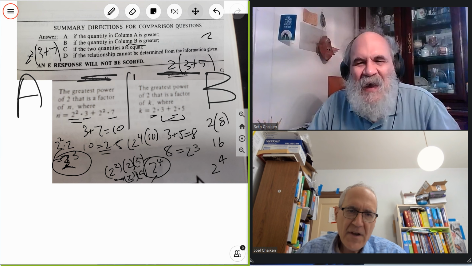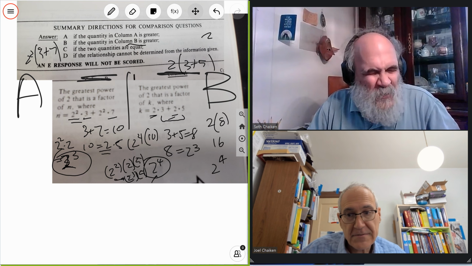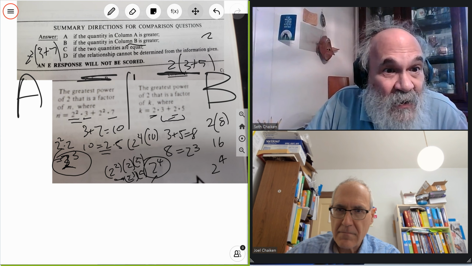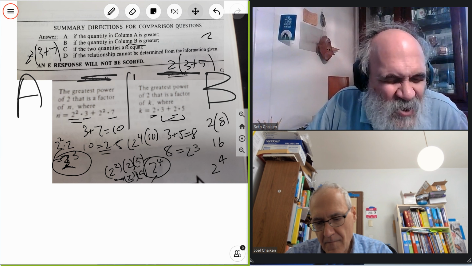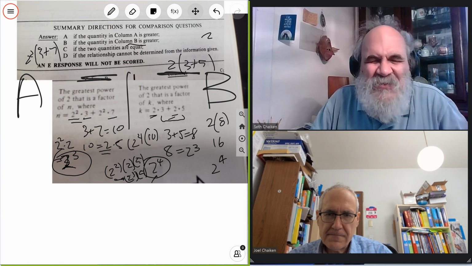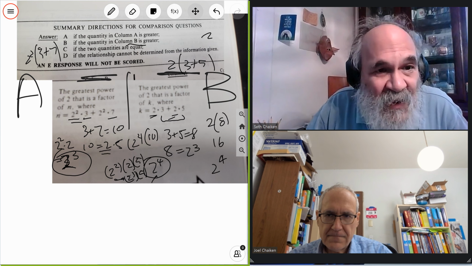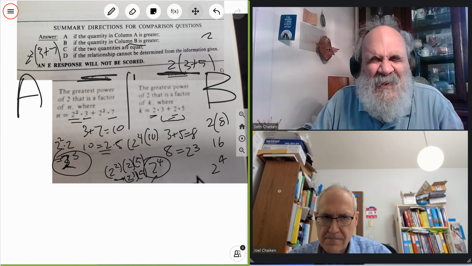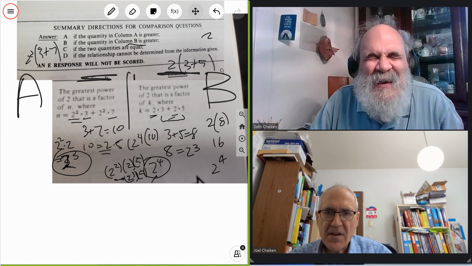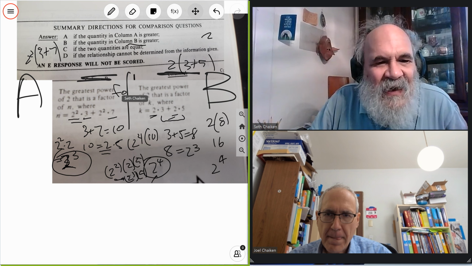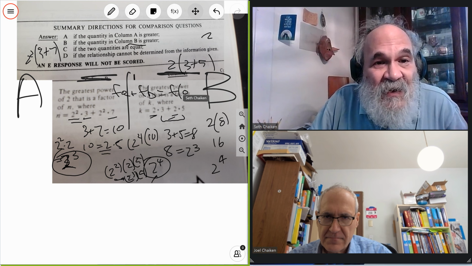Right. Yeah. And together, they gave you a sum of numbers in which the common factors of the terms in the sum were explicitly given. Yeah. Right? Yeah. And they're common. Right. So you have f times a plus f times b is equal to f times a plus b.